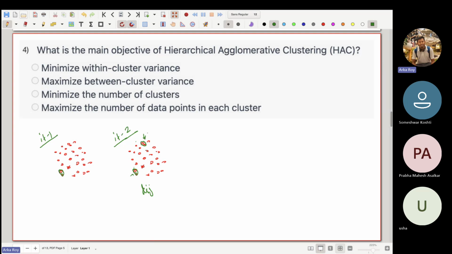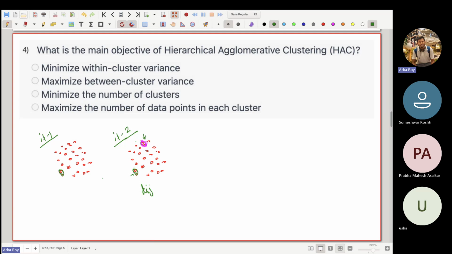So in this way, iteratively, you can see that you started with, let me just create the cluster with another color, so that you can see that two different clusters have now been formed.